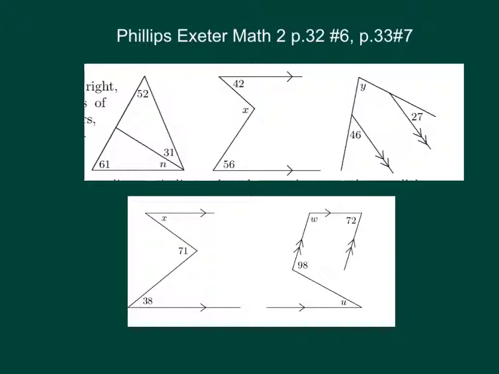So I'm looking at the first one here on the top left corner. It's our triangle. And we're looking at a full triangle with measurements 61, 52, and this angle is 31 plus n. So you could do this all in one step pretty easily.